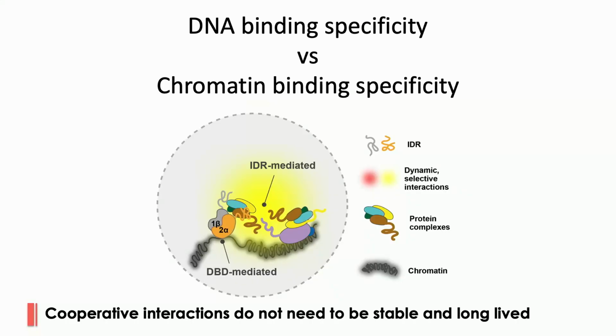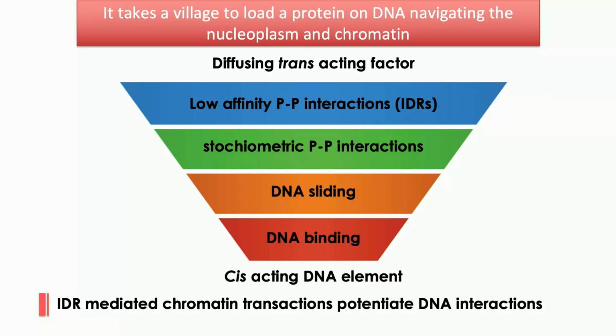And yes, you are going to end up binding DNA at a particular cis-acting element, a DNA sequence, but this DNA sequence is decorated by a tremendous amount of proteins in chromatin, and there is a tremendous amount of protein-protein interactions that are going to be important for these binding events. And so this is what I'm really illustrating here. It takes a village to load a protein on DNA, navigating the nucleoplasm and chromatin.